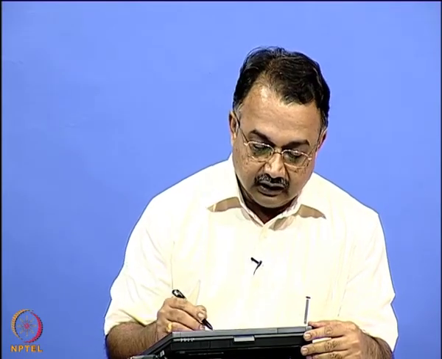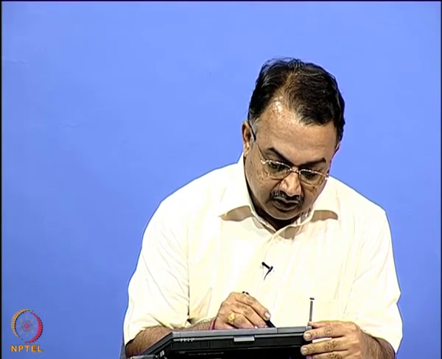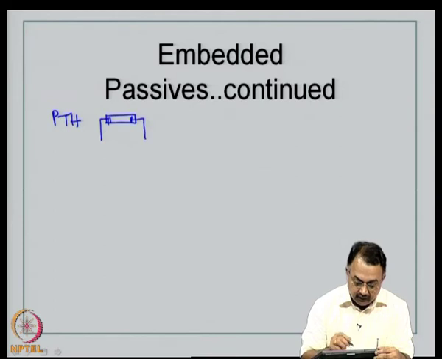So, what I will right now do is take you into a quick recap of what we have seen in the last class in this embedded passive components technology. All of you are familiar with plated through hole components, that is, you have resistors that have leads, and these can get into a system level printed wiring board.